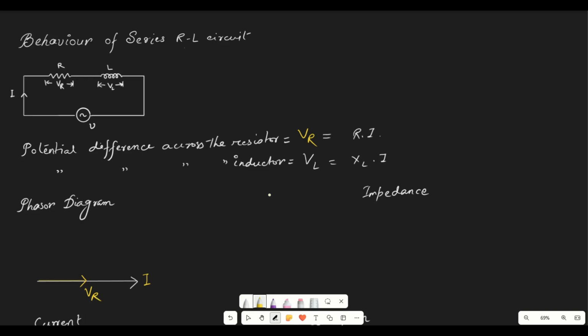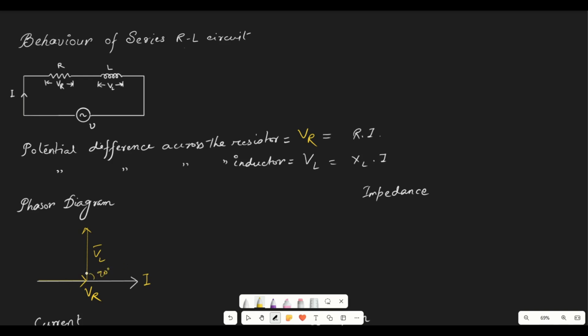We also know that the voltage across the inductor will be leading the current I by an angle of 90 degrees, so it is given by this line, VL, at a phase difference of 90 degrees.